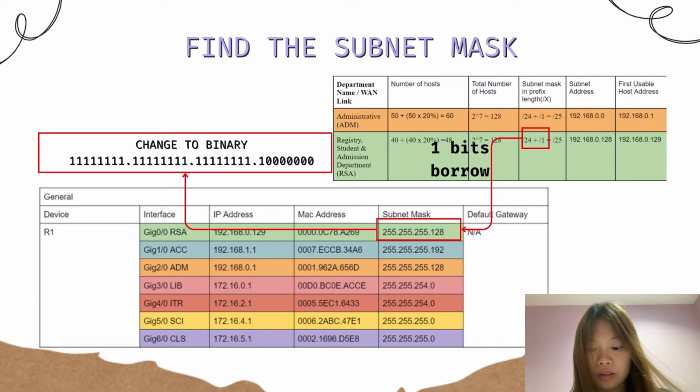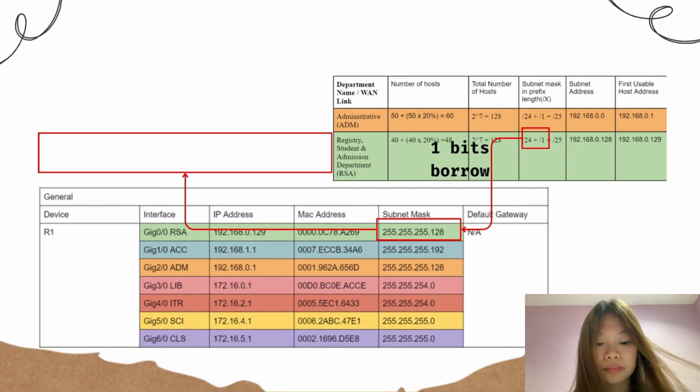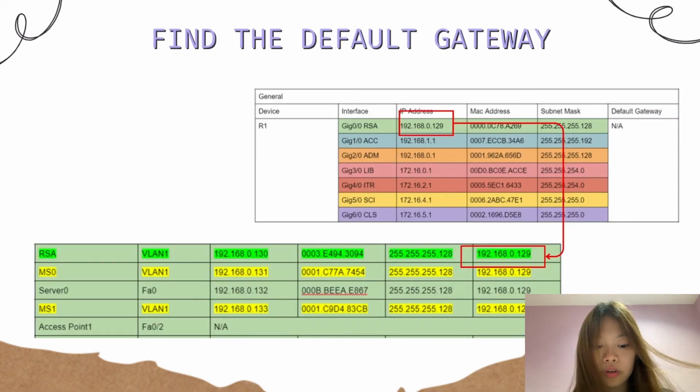Changed to binary, it is like this. After borrowing 1 bit, the subnet mask of the router interface is 255.255.255.128. Okay, so for the default gateway of the devices, all the devices in the same department will have a default gateway that is the same as the router interface IP address.